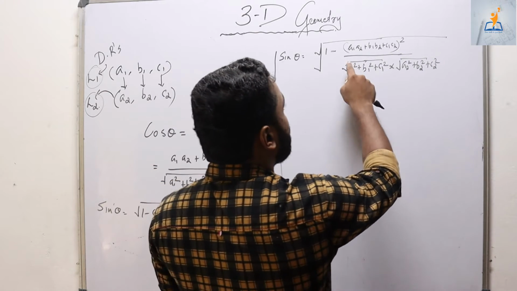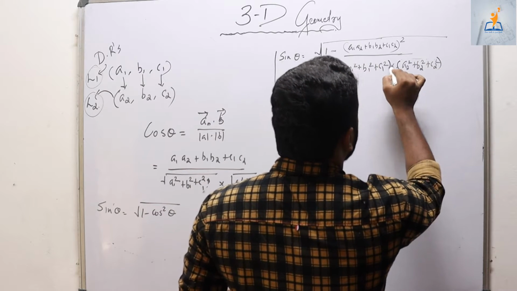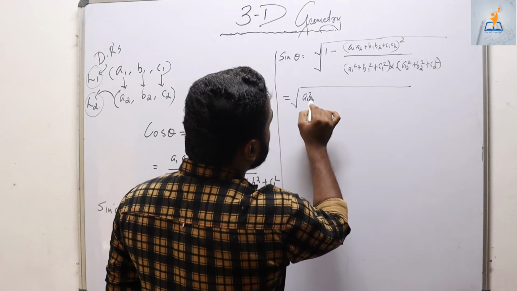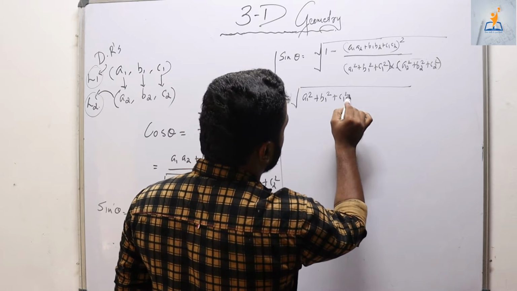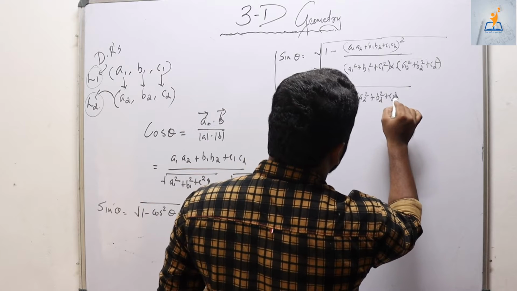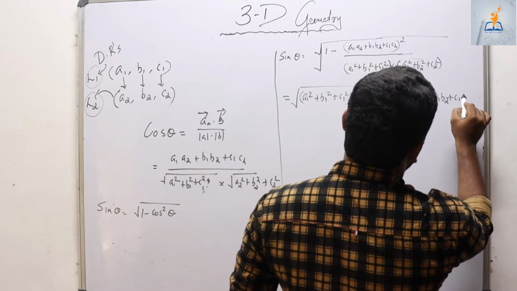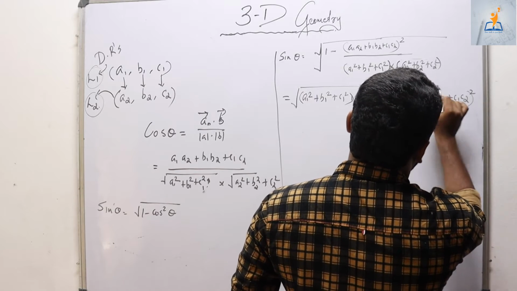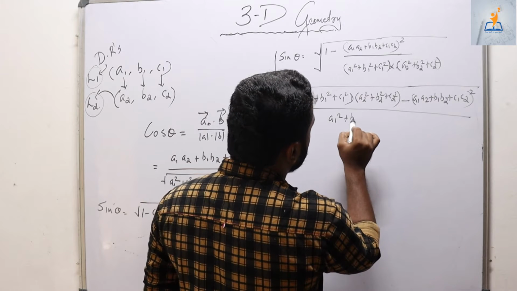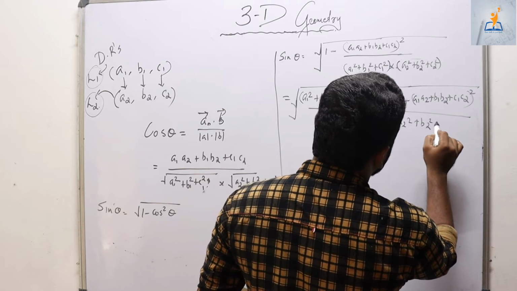On taking cos square theta, the square root is eliminated, right? So we can now simplify this. It is equal to the square root of a1 square plus b1 square plus c1 square into a2 square plus b2 square plus c2 square, minus a1 a2 plus b1 b2 plus c1 c2 the whole square, taking the LCM, divided by a1 square plus b1 square plus c1 square into a2 square plus b2 square plus c2 square.